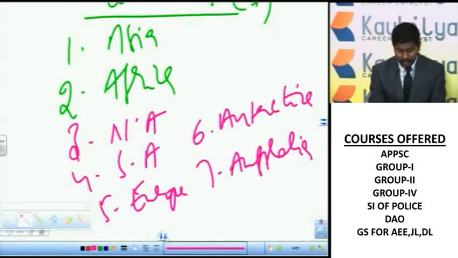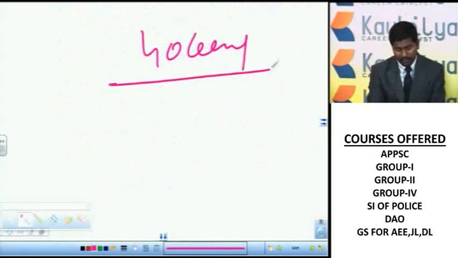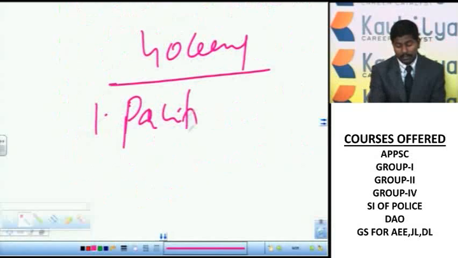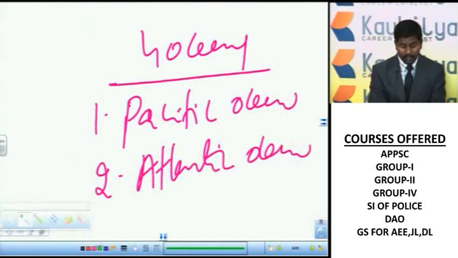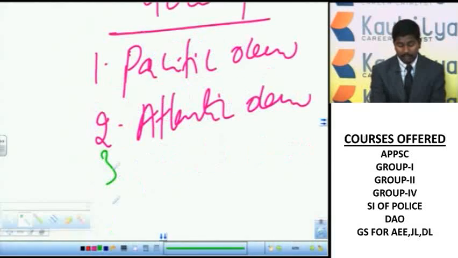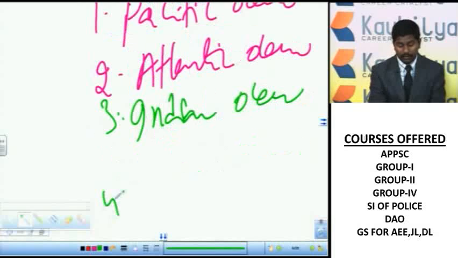Today we have these continents, and there are 4 oceans. According to drift theory, there are 4 oceans. The largest ocean by area is the Pacific Ocean, the second largest is the Atlantic Ocean, the third largest is the Indian Ocean, and the fourth, the small ocean, is the Arctic Ocean.